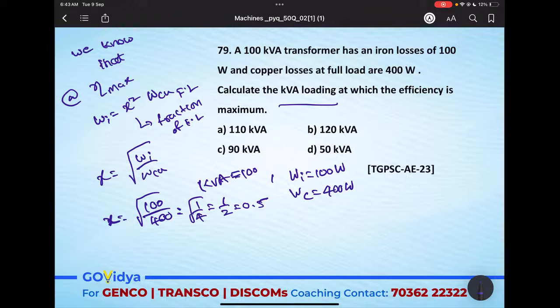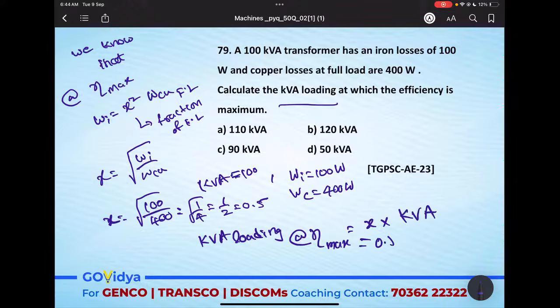What they are asking is the kVA loading. So the kVA loading at maximum efficiency is equal to X into kVA. X we calculated as 0.5, into kVA given as 100, so it will be 50 kVA. Our option will be D.